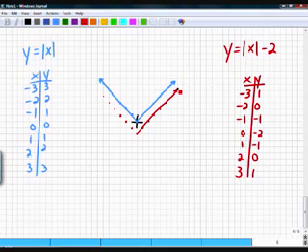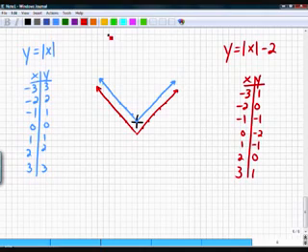You see again, our parent function's in blue. Our child is in red. So, does the child look like the parent? Sure does. What's the only difference? It's not smaller. It's moved. It's a translation.